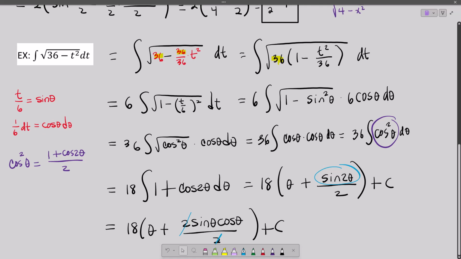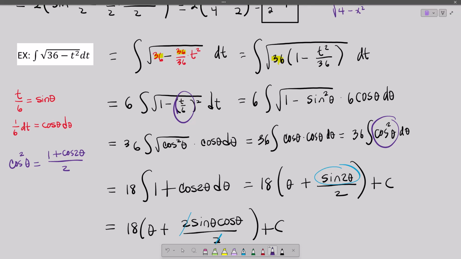How did we decide how t over 6 equals sine theta? So we have to decide whether it's sine, secant, or tangent. And so we ask ourselves, which one is the identity? Is it 1 minus sine squared, 1 minus tangent squared, or 1 minus secant squared? Every time we have a difference of squares with a leading one, we're going to choose sine because 1 minus sine squared is an identity.